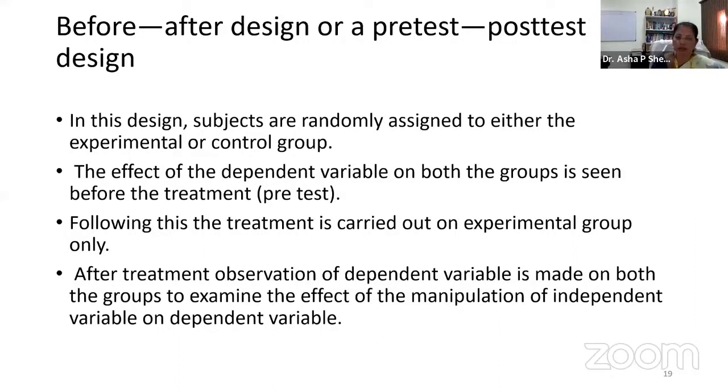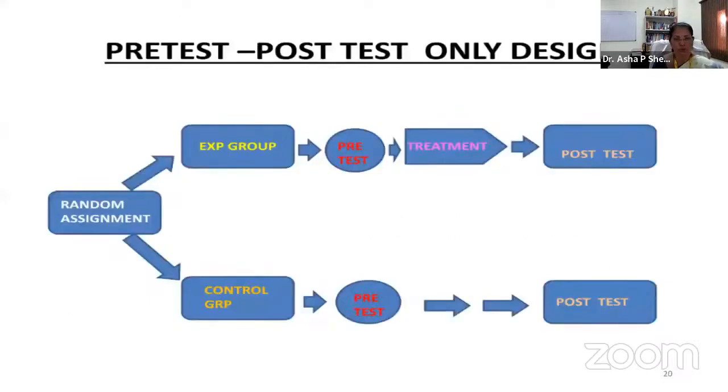Then we carry out the treatment or the intervention on the experimental group. After that, the effect of the treatment or the intervention is observed on the dependent variable, and the post-test is assessed on both the groups.